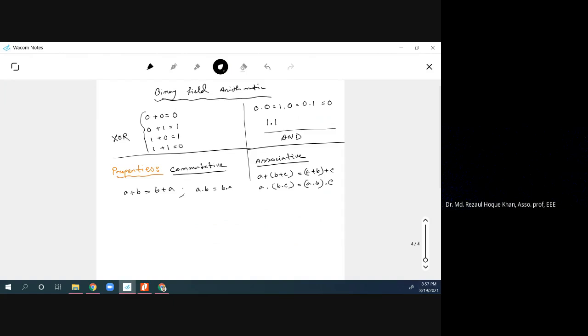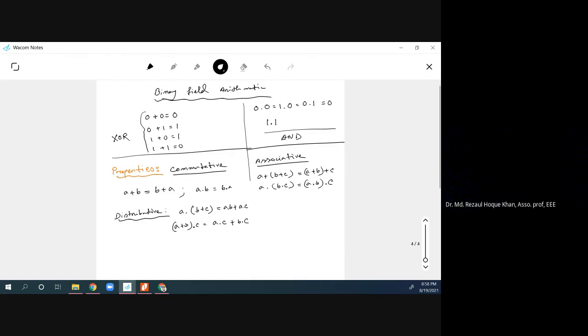Very common digital electronics stuff. Another one is distributive: A dot B plus C is AB plus AC, or A plus B dot C is AC plus BC.